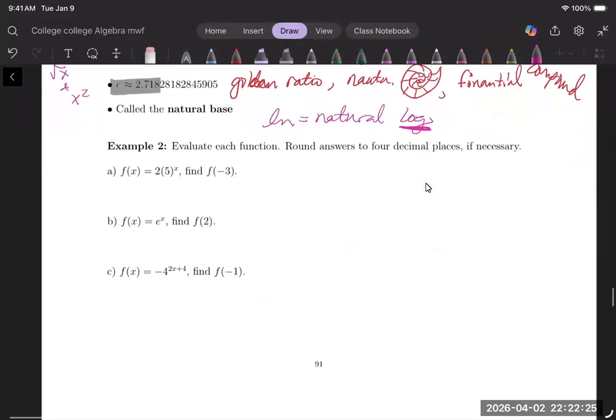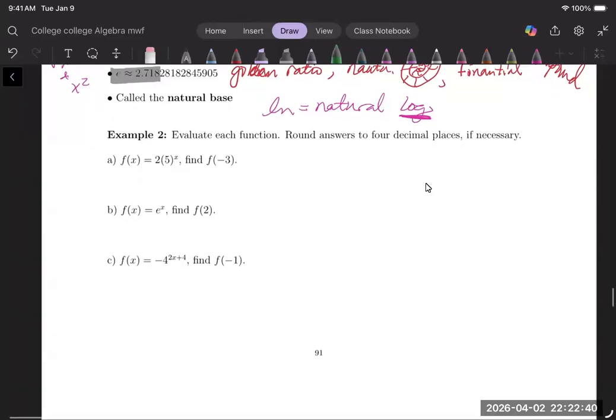Example 2. Evaluate each function. Round answers to 4 decimal places as necessary. So find f(-3). This means that we're just popping in -3. So we have 2 times 5 to the -3.